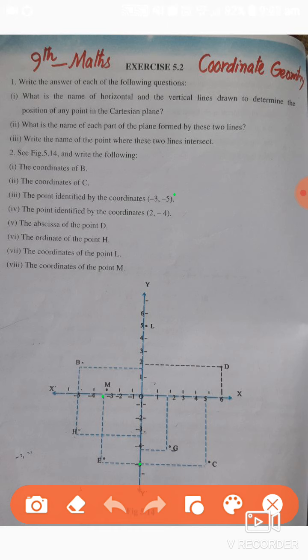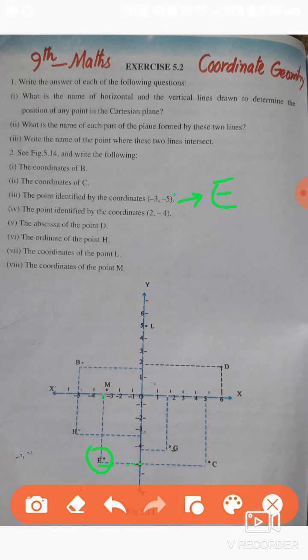Whenever we draw perpendiculars from these two points, they meet at this point, so it is point E. So -3, -5 corresponds to point E in the figure.